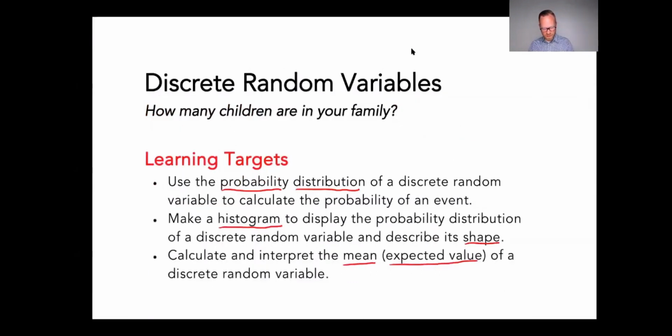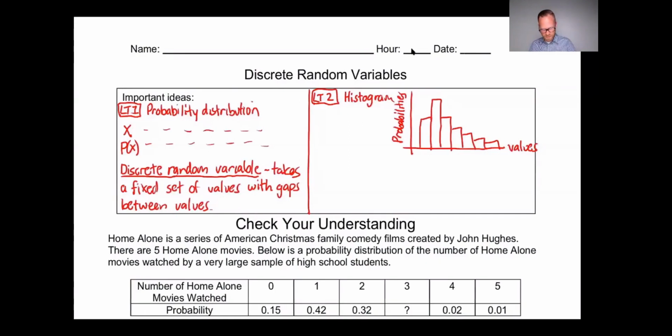All right, and then the third learning target here is to calculate and interpret the mean or the expected value of a discrete random variable. So let's just list this as learning target number 3, which is the mean, also known as the expected value. And we did come up with a formula for the expected value for a discrete random variable.